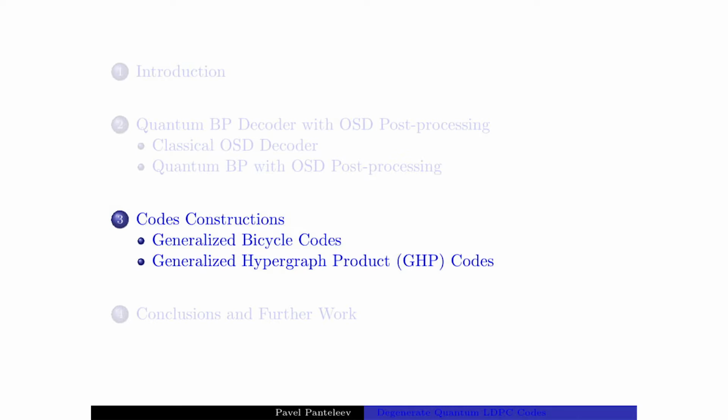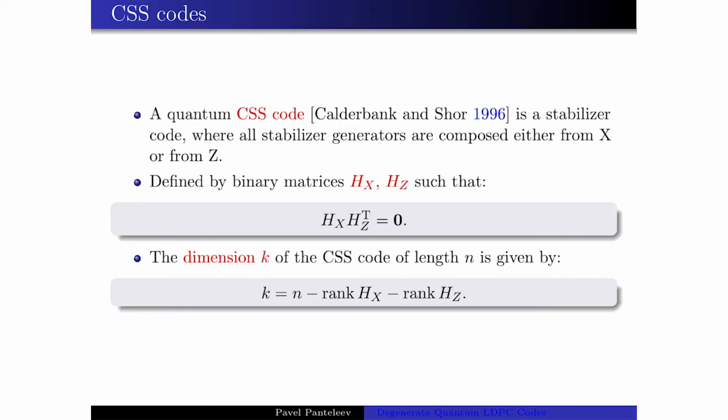So here are some code constructions. We have a quantum CSS code, and as you know, it is usually defined by a pair of matrices. They are not just any matrices, and this is the main problem in designing good QLDPC codes: you need this constraint.